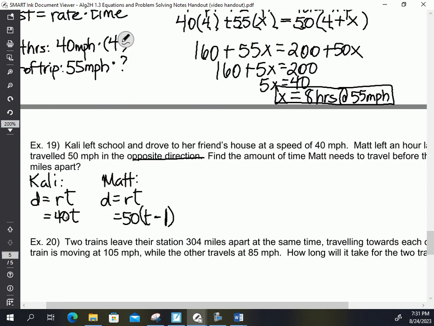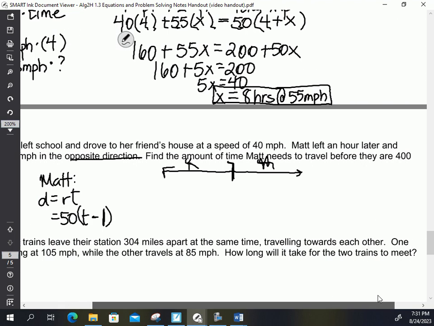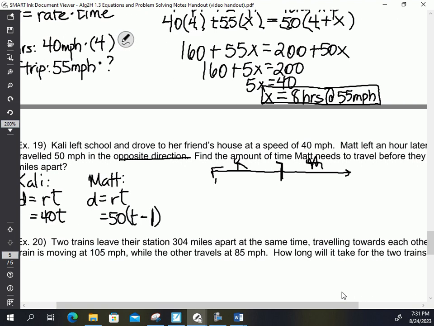Opposite directions means Callie's going one way, Matt's going the other way. It says find the amount of time that Matt needs to travel before they are 400 miles apart. So the distance apart is 400. That provides you with all the context that you need to now solve this.